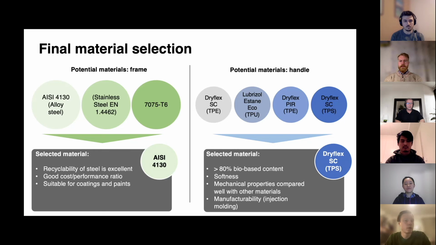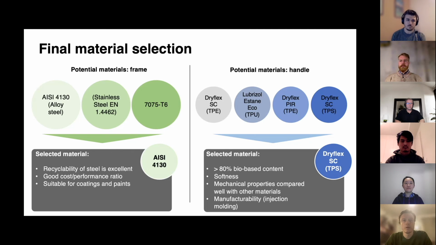Generally speaking, the cost of the material, or the cost performance ratio, was really great compared to stainless steel and aluminium, and alloy steel is also suitable for different kinds of coatings and paints. If we want to change the appearance of our scooter, it would then be really possible with this material.